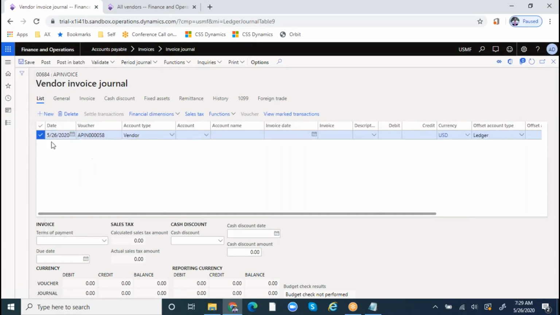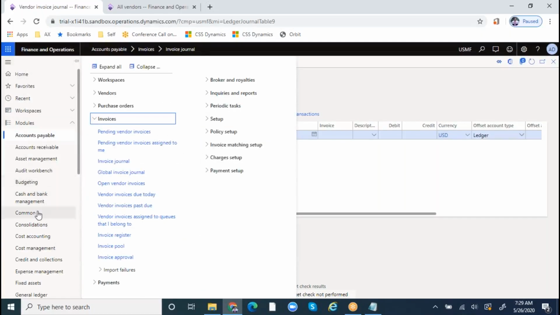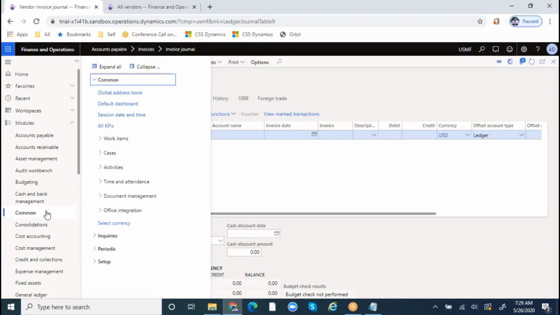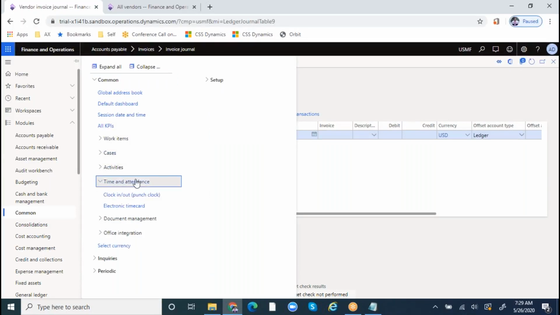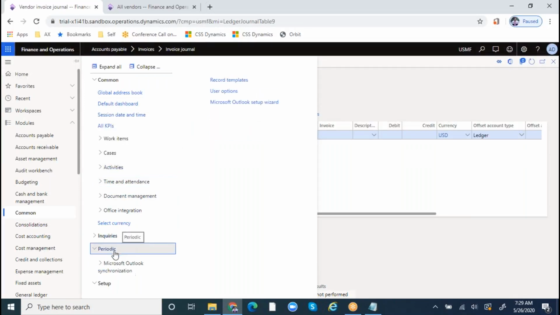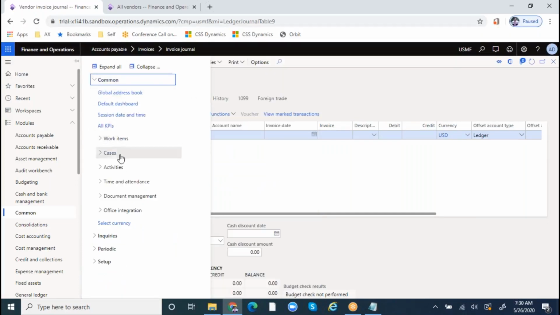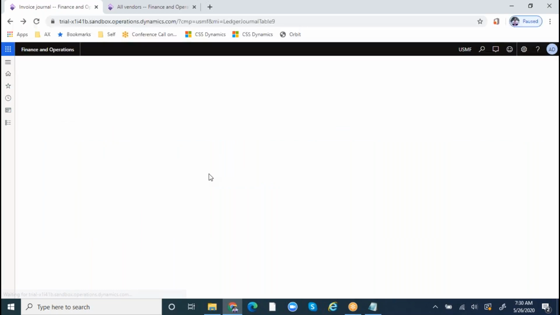So to change it permanently, you have one more option called common, session date and time.